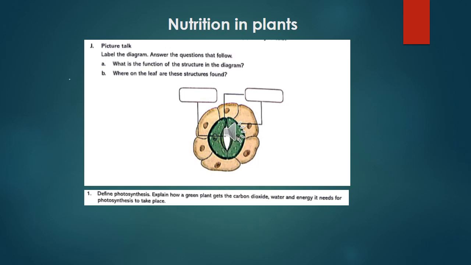This is the structure of a stoma, or in plural form we can say stomata. Each stoma is surrounded by two bean-shaped cells called guard cells that control the opening and closing of the stoma. And this stoma is always present in the lower part of the leaves.